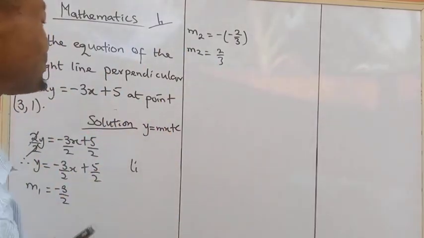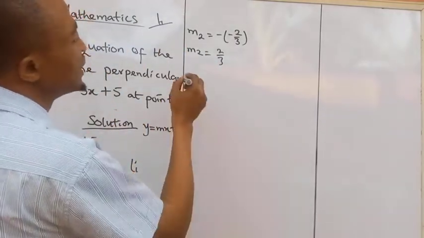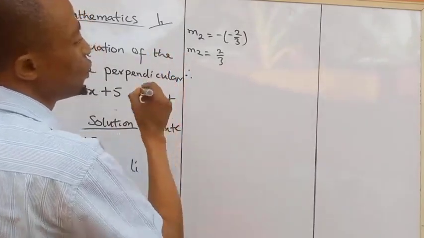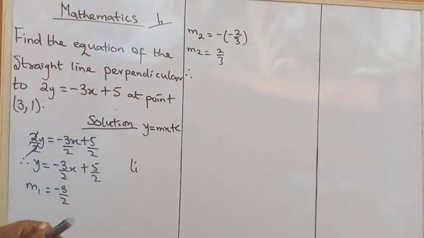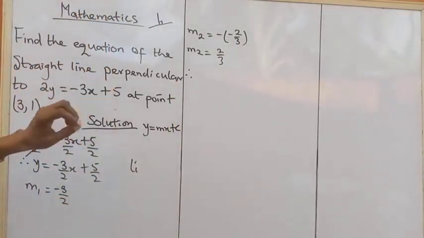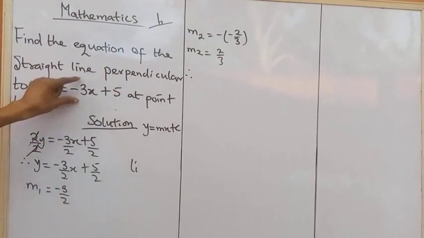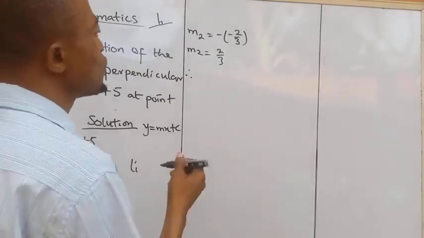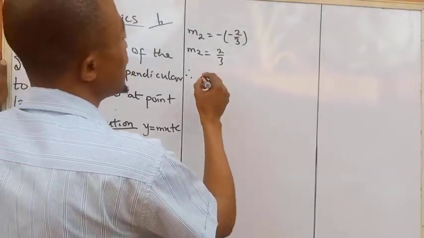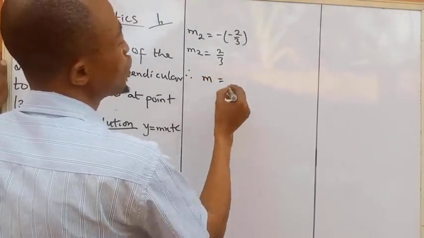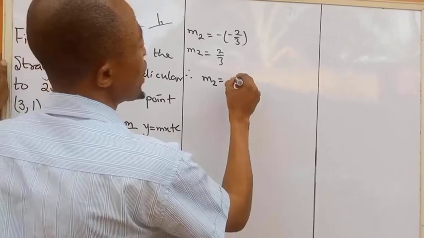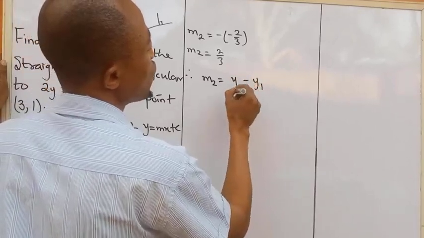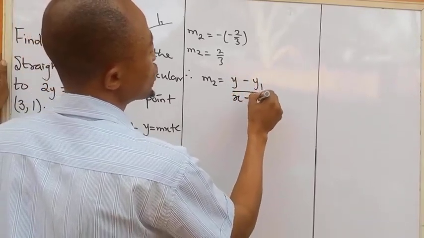Therefore, because we are looking for the other line that is perpendicular to this line, we can say that m2 equals (y minus y1) over (x minus x1).